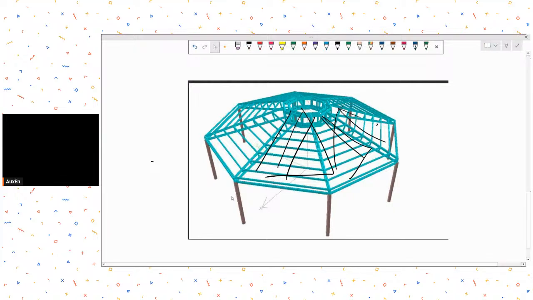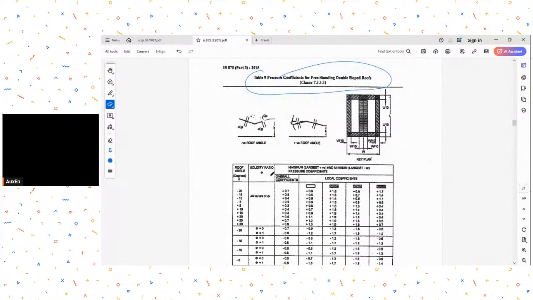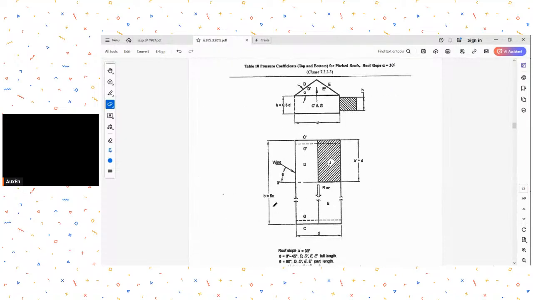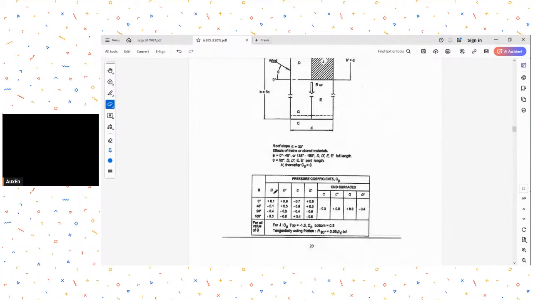So we are struggling to find out what geometry or what table in 875 part 3 we can use to apply wind loads on this condition. So let's see what we get. This table 9 is for freestanding double sloped roofs. Remember, our roof is not double slope, it has multiple slopes.